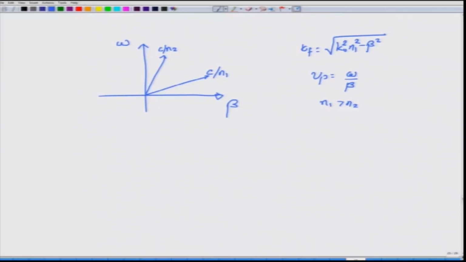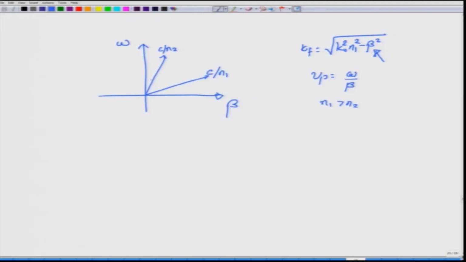This is of course if the material were just a homogeneous cladding or a core separately, but what you have is a slab waveguide, which means that the value of beta will not be equal to c by n1 or c by n2, but will depend on the value of kappa f via this particular equation.